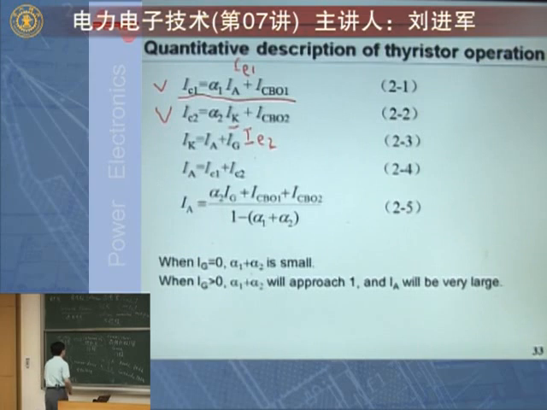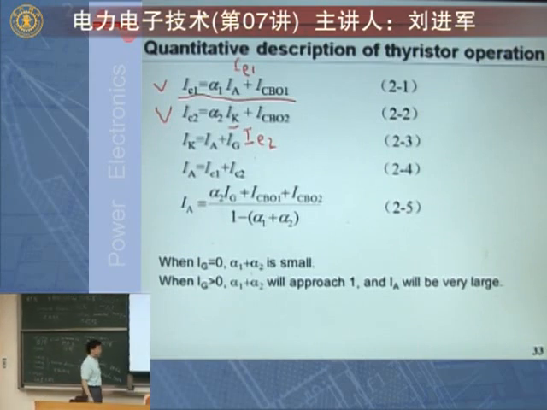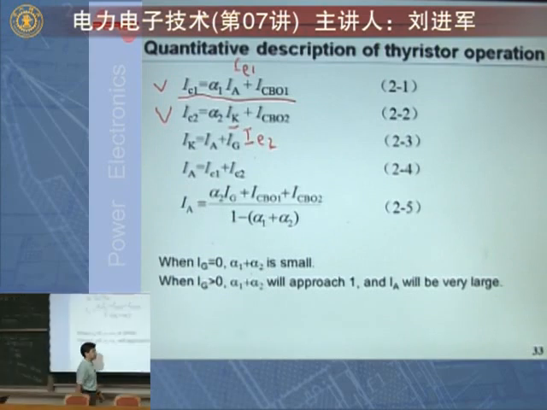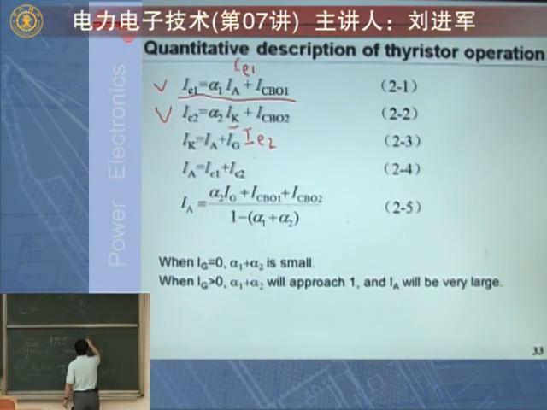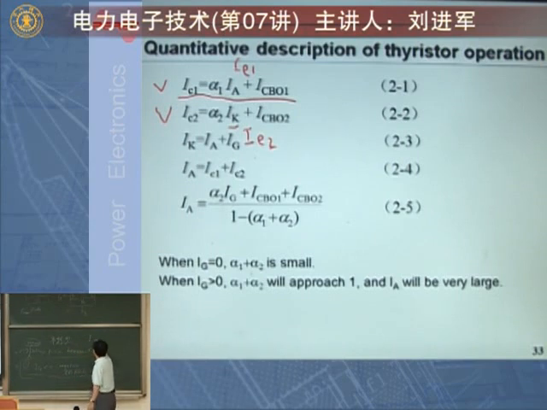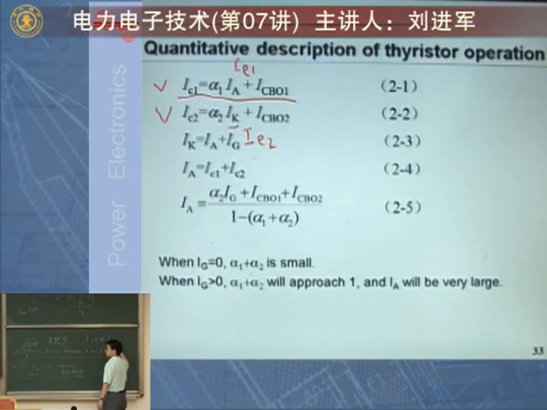So for every transistor, according to what you have learned before, you always have this equation. The collector current is equal to alpha multiplied by the emitter current plus the leakage current.